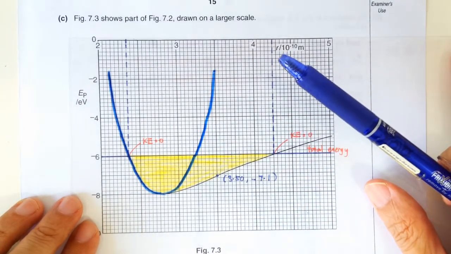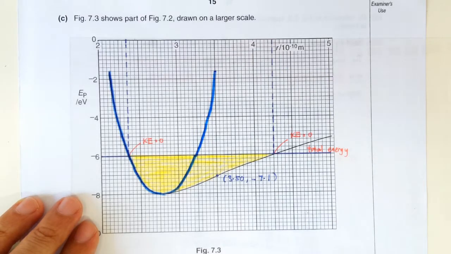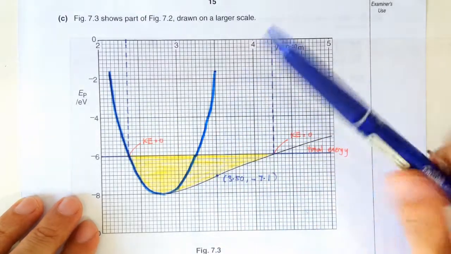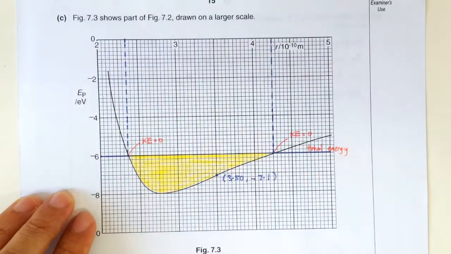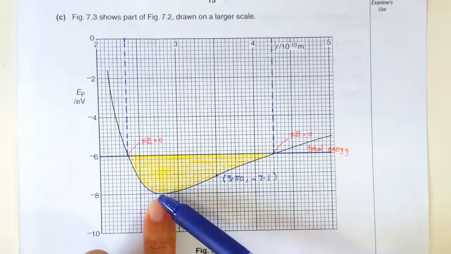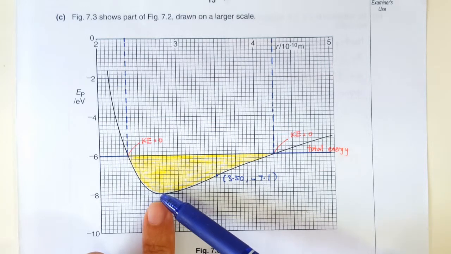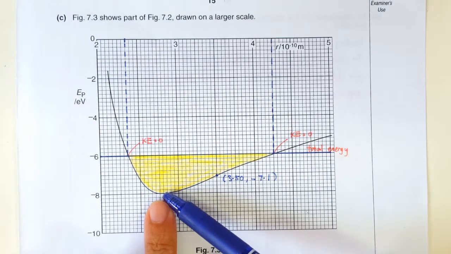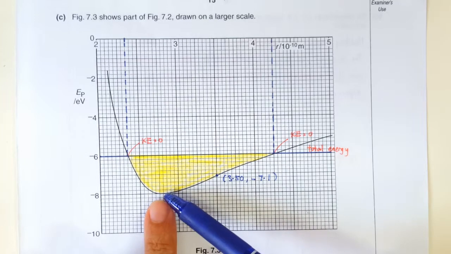If you want to go further, you can also say that because the graph is not symmetrical, it tells us that the restoring force is also not symmetrical. So basically that tells us that the restoring force is not directly proportional to the displacement from the equilibrium position.